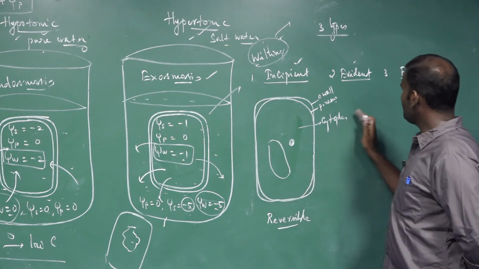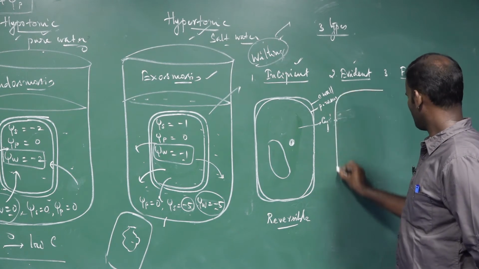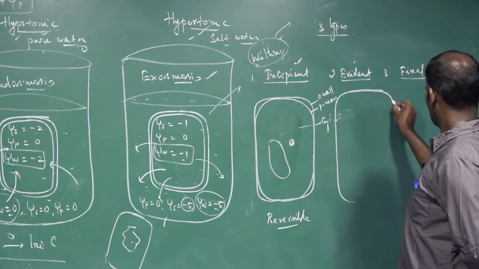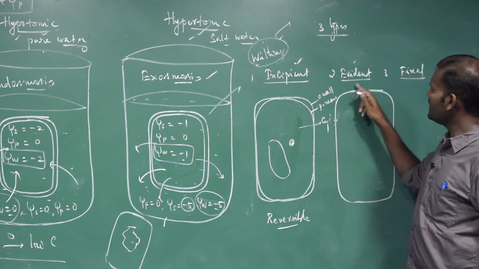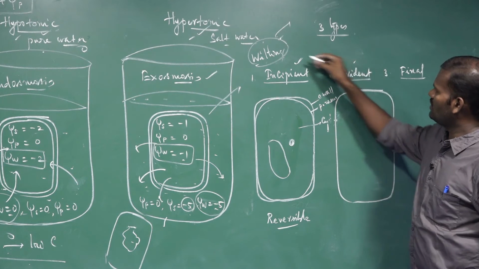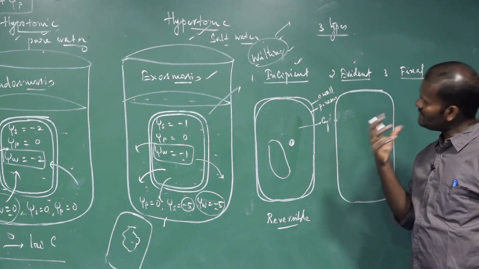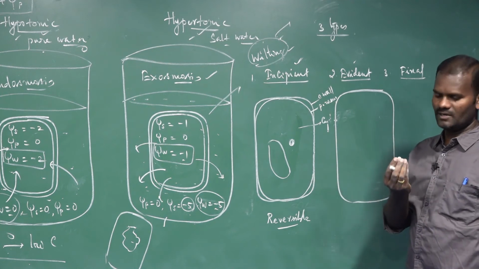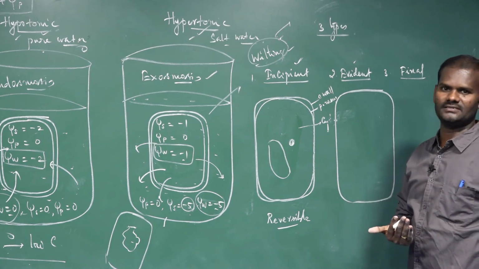But whereas in evident plasmolysis, wilting appears. Already we know what wilting is. Wilting is nothing but, due to water scarcity, the leaf dries up and withers, ultimately shedding from the plant.